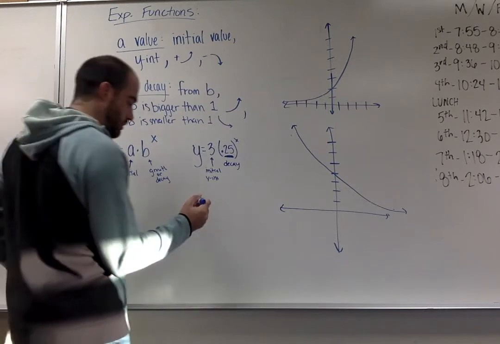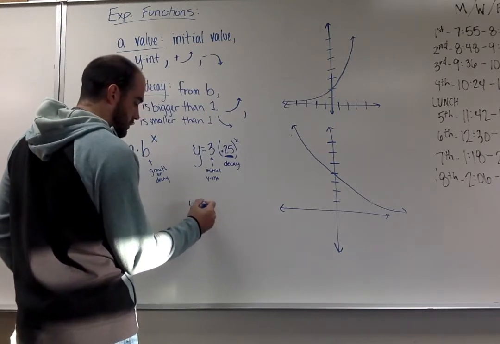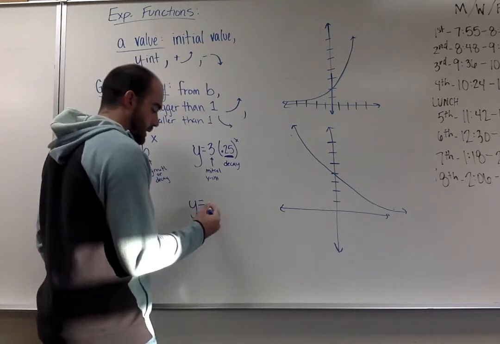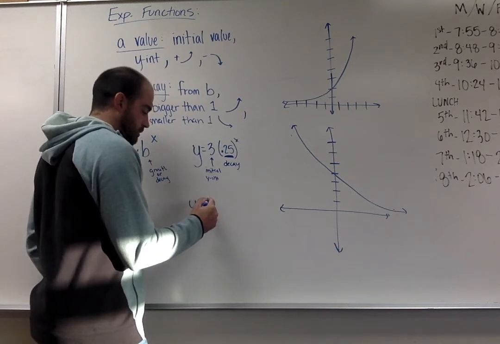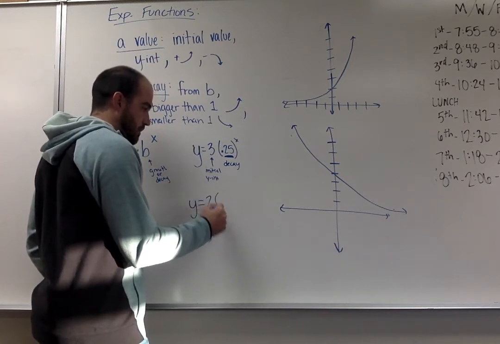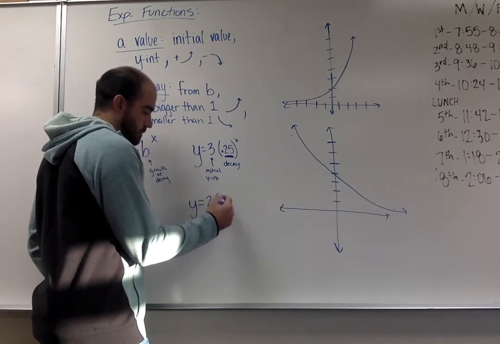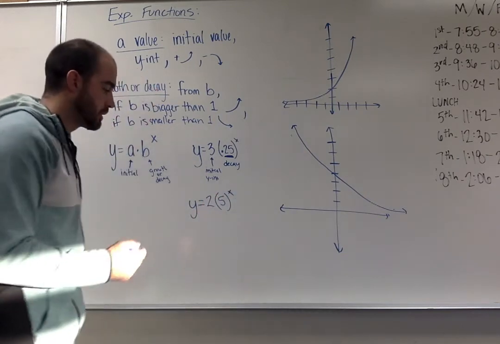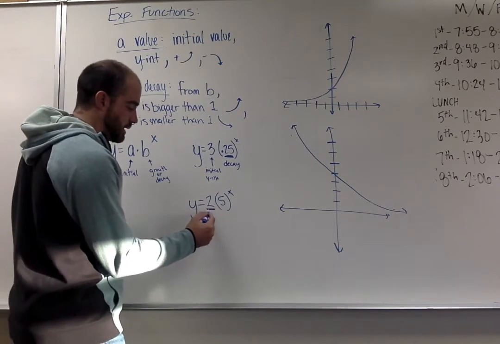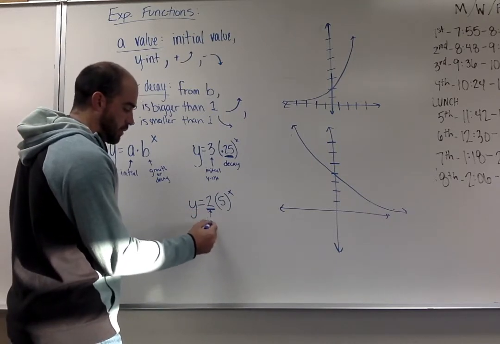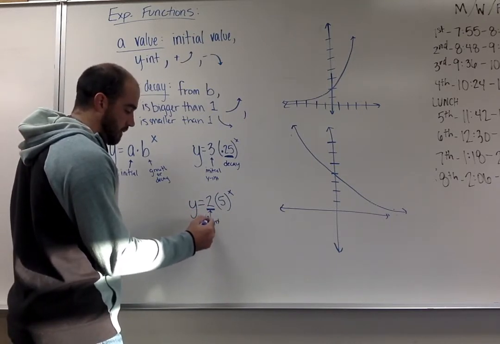If I'm looking at another one, so if I said y is equal to, let's say, I don't know, let's go with 2, and we're going to go with, let's just go 5. Okay, so here again, this is my initial value, my y-intercept.